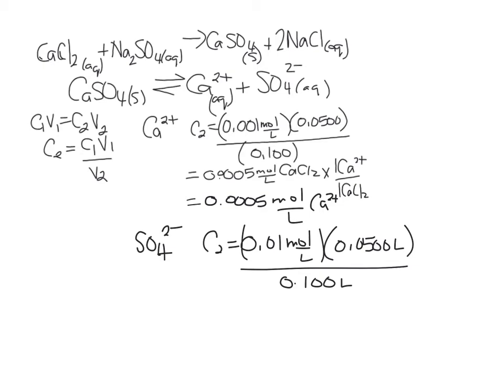So what's the concentration here? 5 times 10 to the negative 3. So this is moles per liter of sodium sulfate. So don't skip this step.